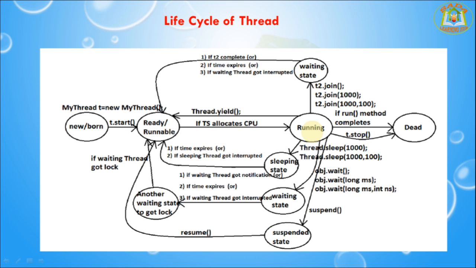While running the thread, whenever we call the wait method, sleep method, or join method, it goes to the blocked state. For example, if you call the join method, it goes to a waiting state. Whenever we call the sleep method, it also goes to a waiting state. Whenever you call the wait method, it also goes to a waiting state. Whenever you call the suspend method, it also goes to a blocked or waiting state.